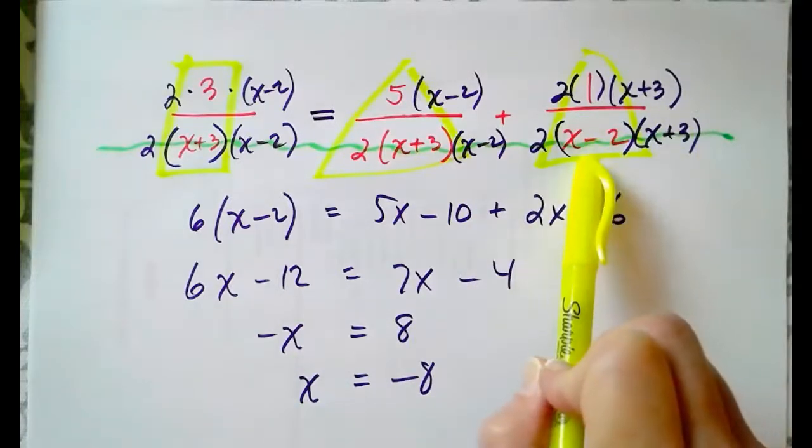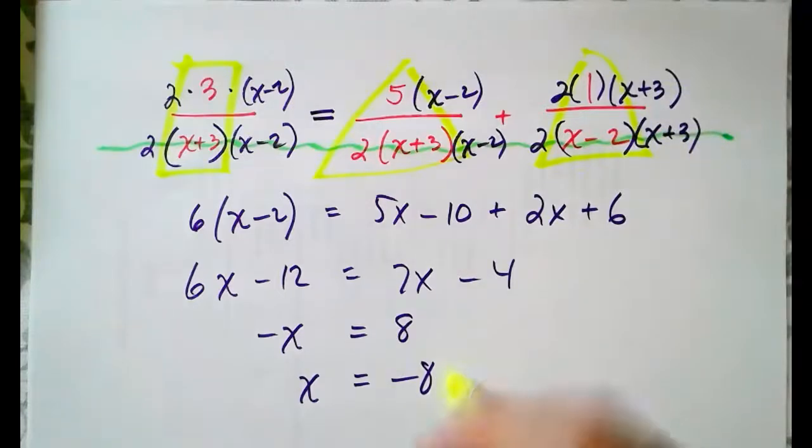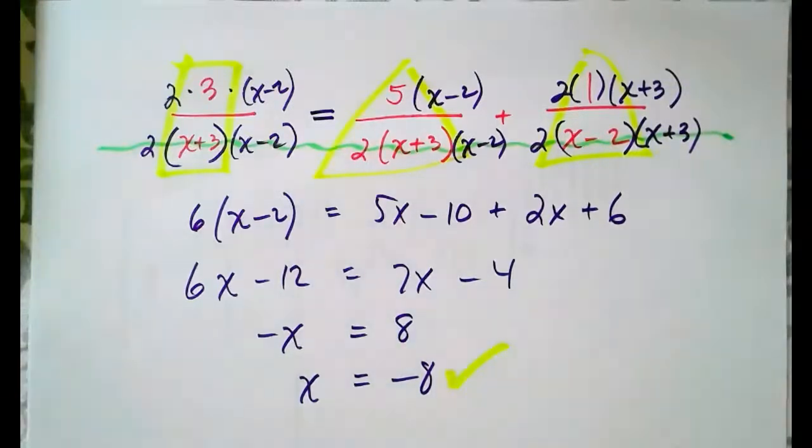So x could not be any one of those values. Therefore, is x equals negative 8 a legitimate answer? Yes, it does check. So restricted values are also a thing when we are solving equations. So there you go. That is a brief review of solving advanced algebra equations.